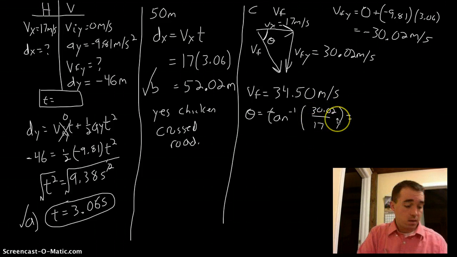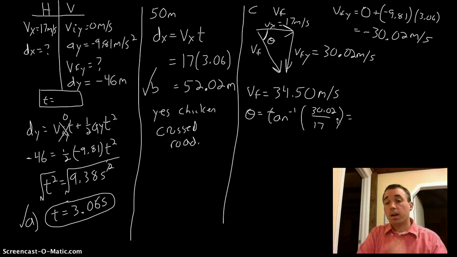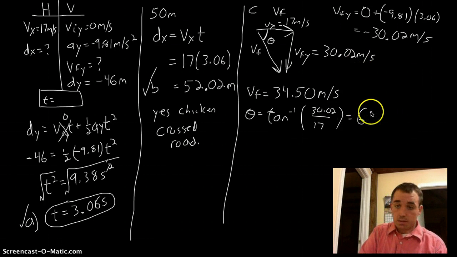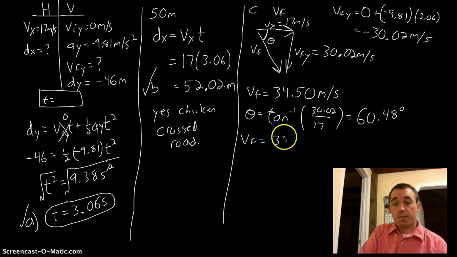When you plug that in, I get 60.48 degrees. Again, that's going to be BH, below horizontal.